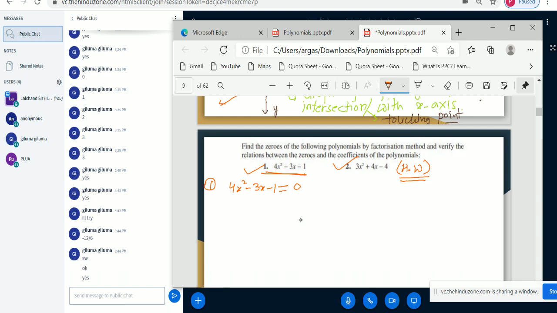If I simplify this equation using middle term splitting, what should I write in place of minus 3x?